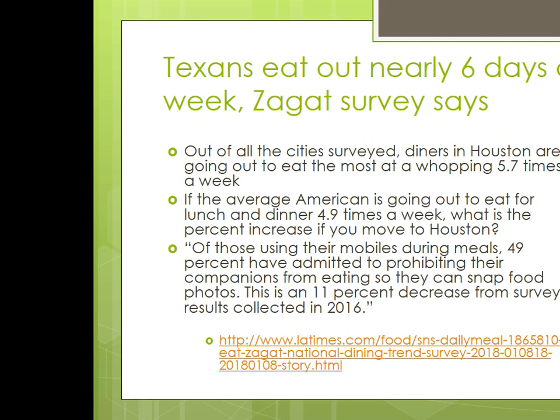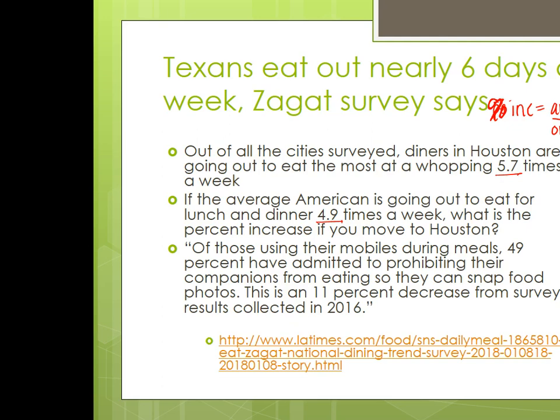So, the first thing you need to do to find percent increase, I'm going to write it like this. Percent increase, that's a percent symbol. It doesn't look like it. First you need to find the amount of increase. And then you're going to divide it by the original amount. So, if you were the average American eating 4.9 times a week, and then you moved to Houston, now you're going to eat 5.7 times a week.